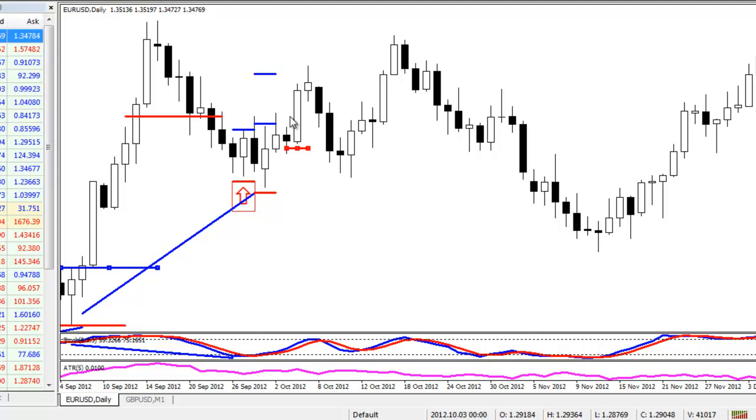And of course, if we get a signal pointing the other way, we go with the latest signal. So if we're in a continuation systems trade and the reversal sets up, we of course move our stop loss and get ready for the reversal systems trade. So just start to understand how they're going to get sometimes one trade into the next, depending on what sets up on the charts.